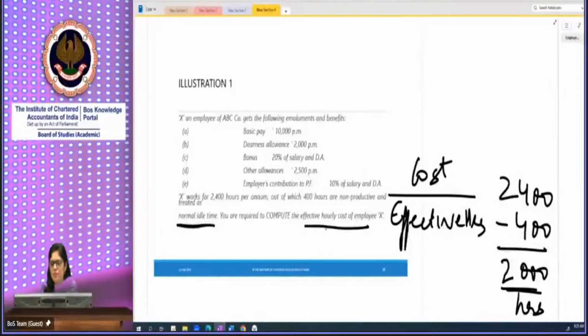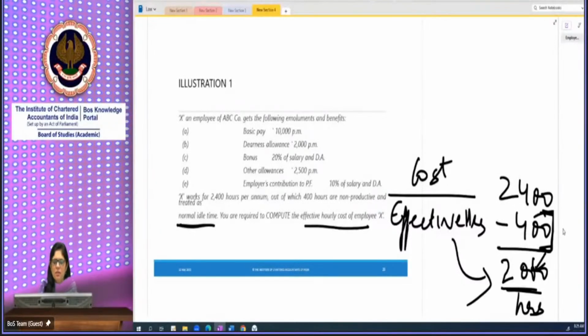Effective hours are those hours for which you have actually worked. So the effective hours will bear the total cost. The cost of this 400 will also be borne by the 2000 hours. So production will bear the cost of normal idle time also.